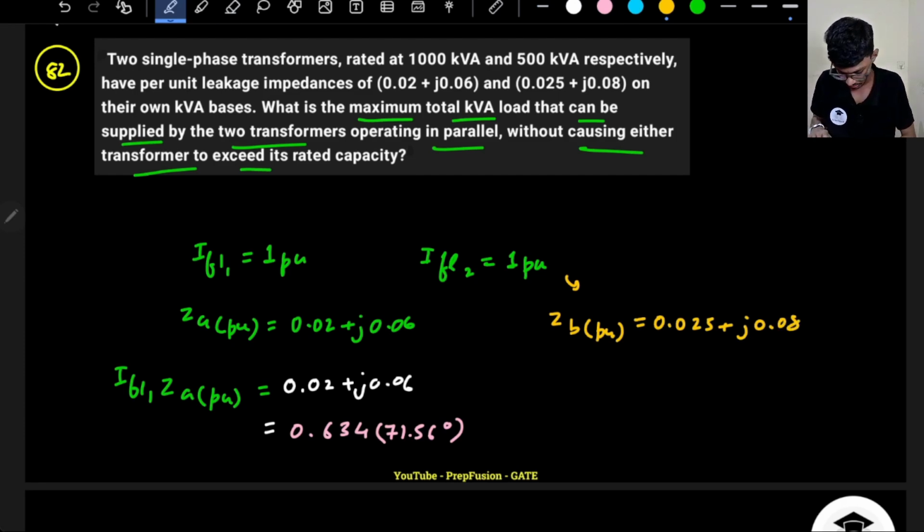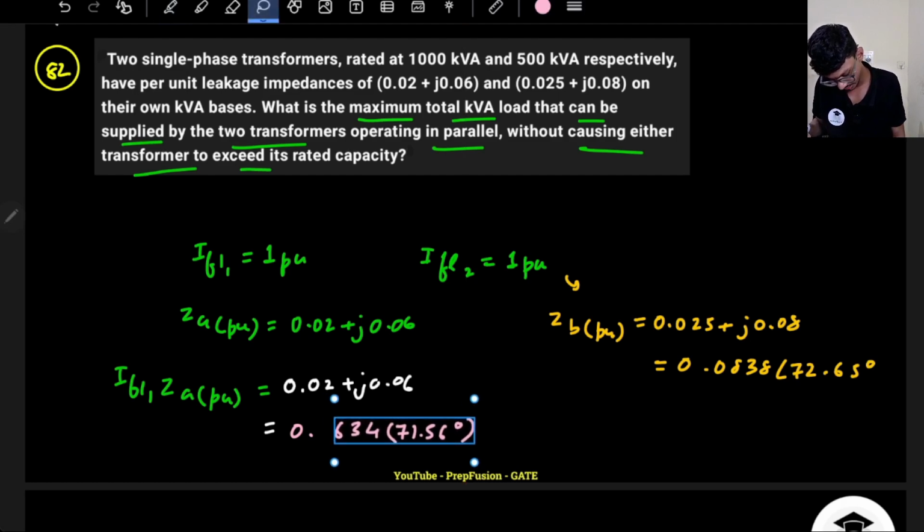So this will be the square root of 0.08 squared plus 0.025 squared, which will be 0.0838. So of course this is lower. Okay, here I think I missed a point actually. Let me quickly write it: tan inverse of 0.08 divided by 0.025 will be 72.65 degrees.